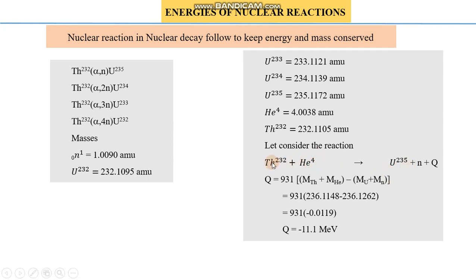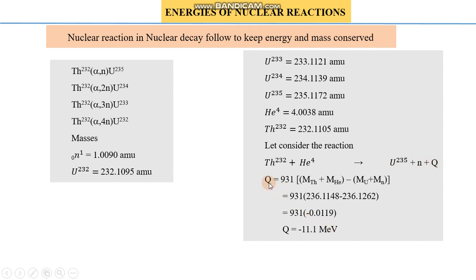Whenever it is bombarded on thorium-232, uranium-235 is produced plus one neutron plus some amount of energy, because a certain amount of mass is lost during this nuclear reaction and that mass is converted into energy. We have to calculate the mass lost during this reaction.